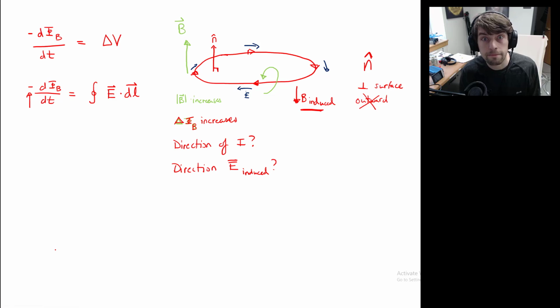Okay. Cool. Good. And incidentally, now that we have taken into account, when we do this direction of the current, we're taking into account that negative sign. And we've taken that into account.